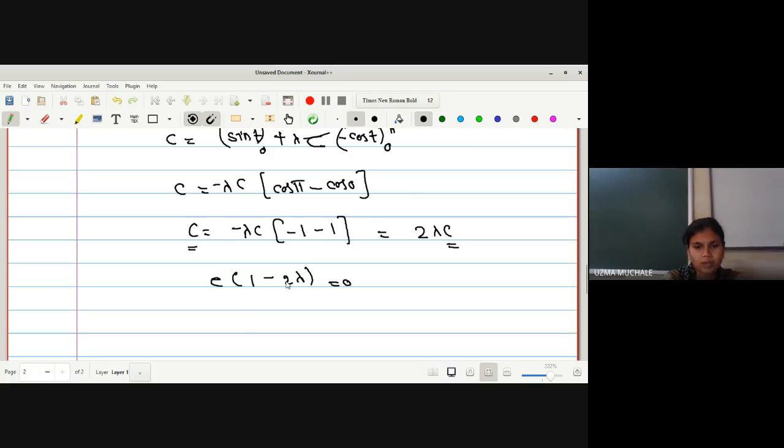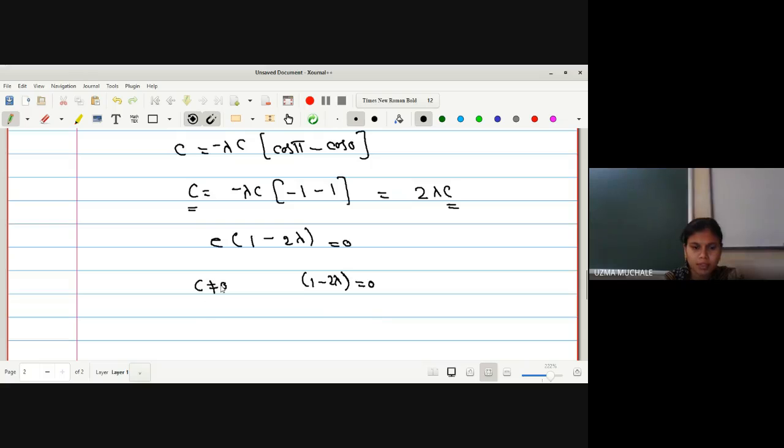If I want to find the value of lambda, then c is not equal to 0, and the next term 1 minus 2 lambda equals 0. Either of them should be 0 if the product is 0. If we consider this case, we will get the value of lambda as 1 by 2. Correct?